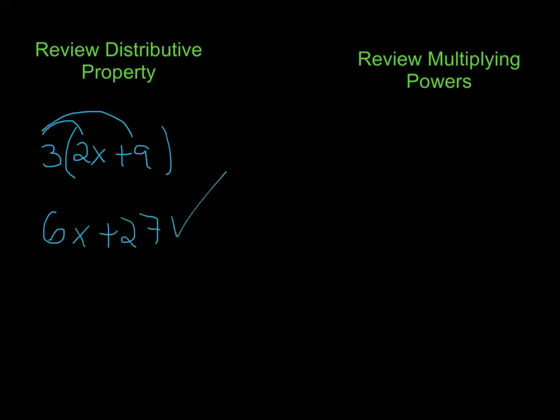So easy peasy. And then now review multiplying powers. This is from the last unit we just finished. If you have x squared times x to the 4th, you end up adding your exponents, so this would be equal to x to the power of 6.